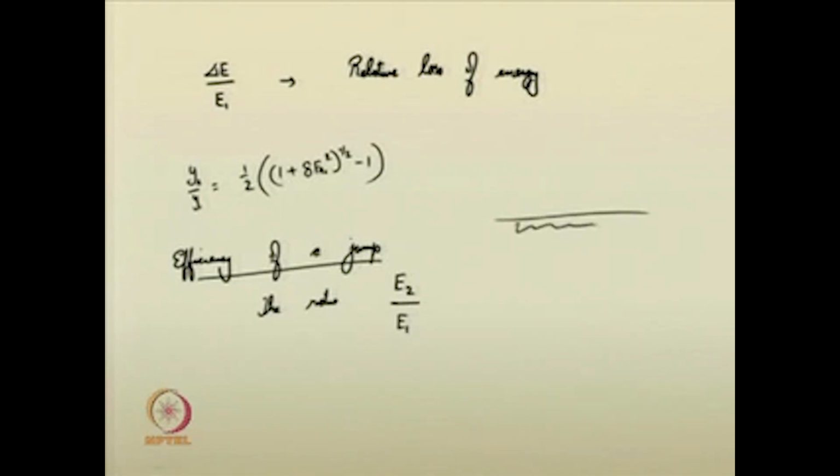So, in the hydraulic jump, this is the upstream quantity, whatever specific energy is there, E1, and whatever specific energy is there in the downstream section, E2. So, E2 by E1, whatever change is there, that ratio is called the efficiency of hydraulic jump.